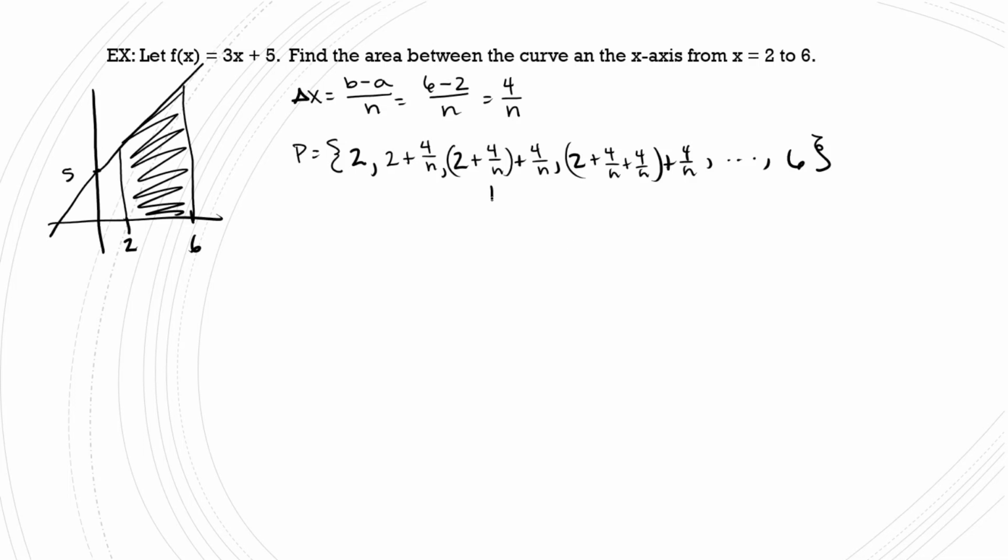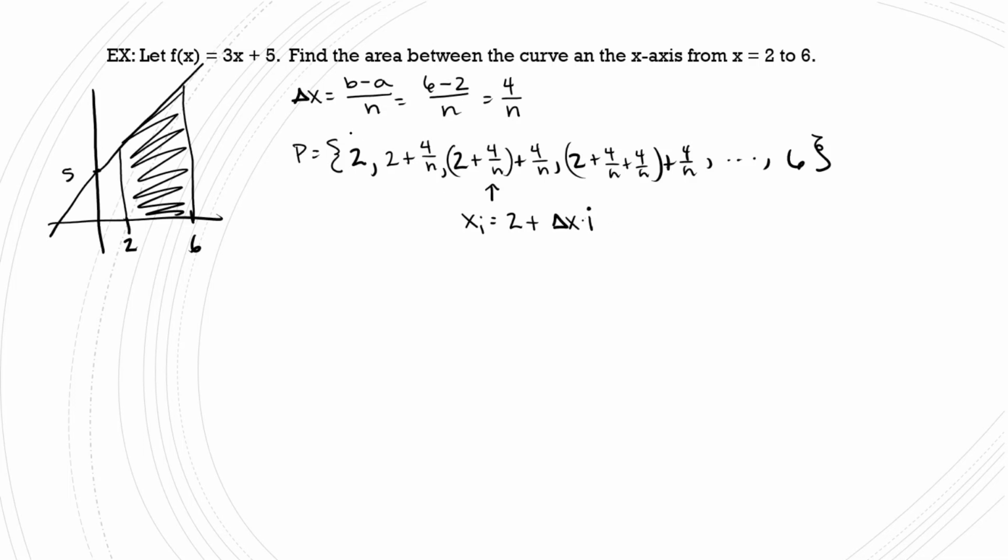Now you'll notice each of these x values in the list is 2 plus some multiple of delta x. And the multiple is going to be based on the term that we're on.